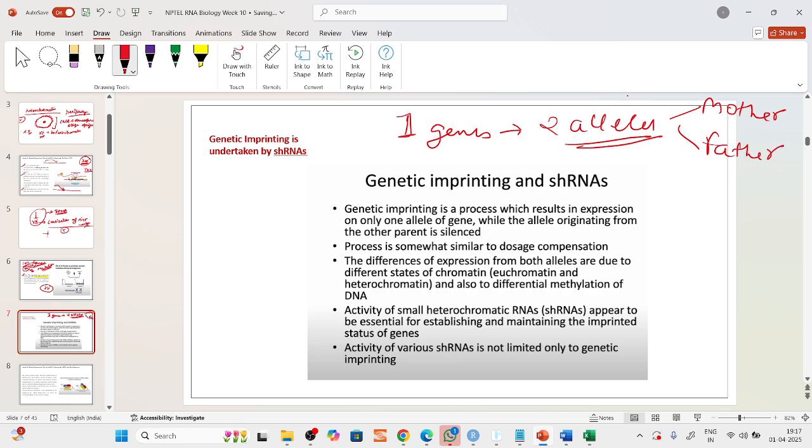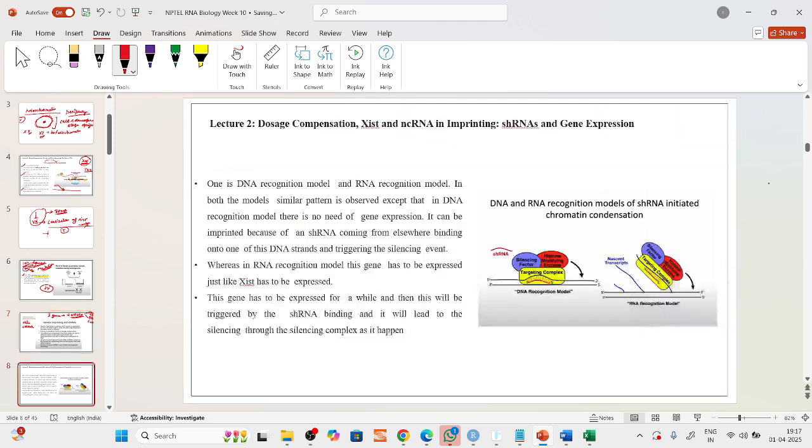We know that it is a random process. For example, let's say, skin color. I will take the example of skin color here. For the skin color allele, suppose the mother is fair, and the father has a wheatish complexion.